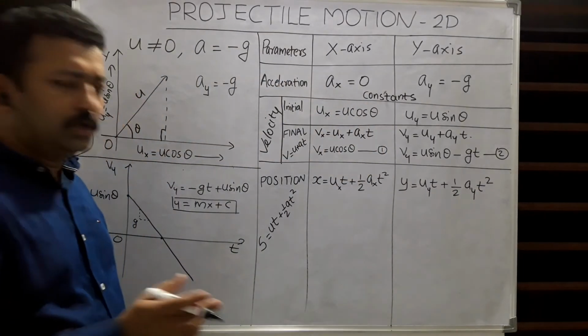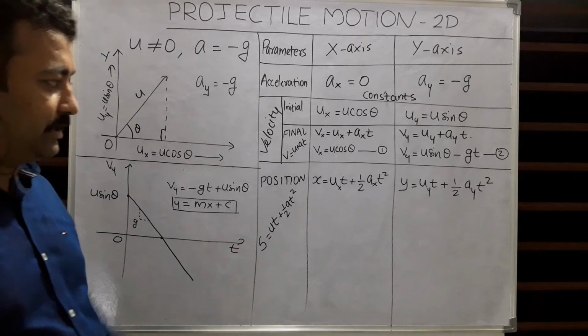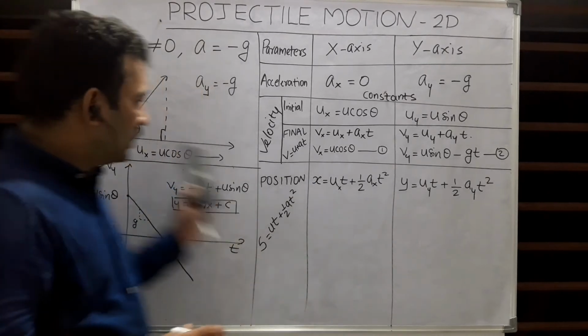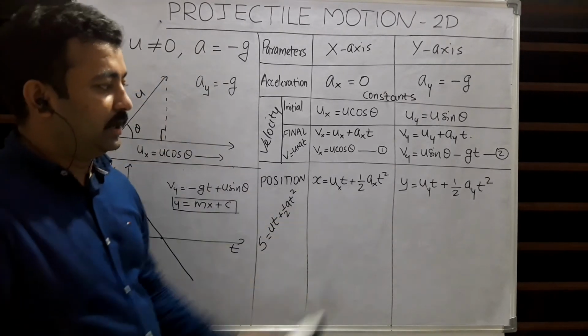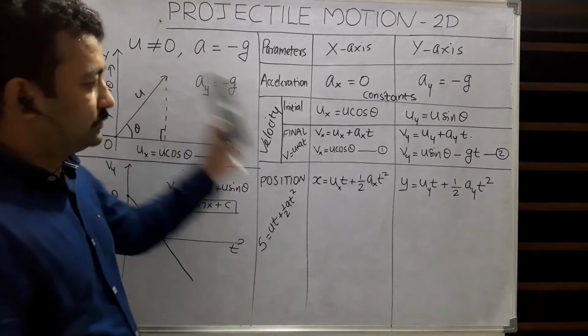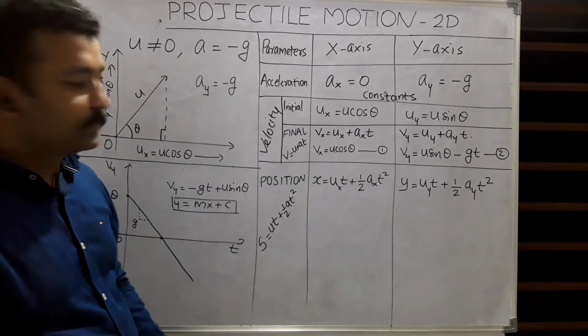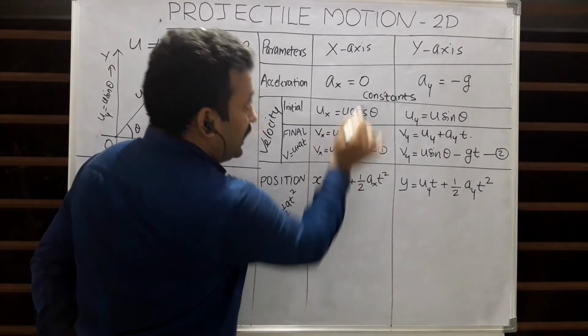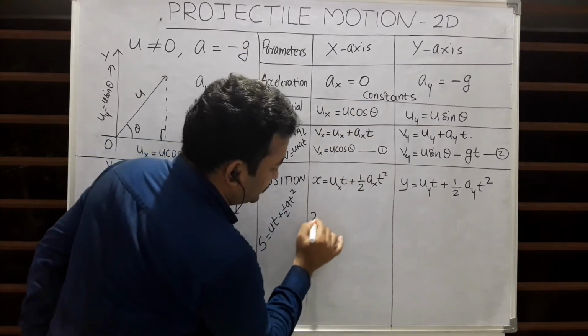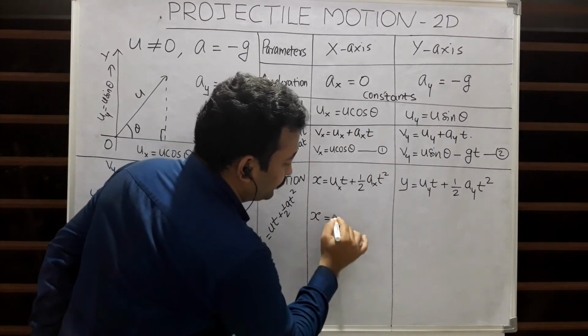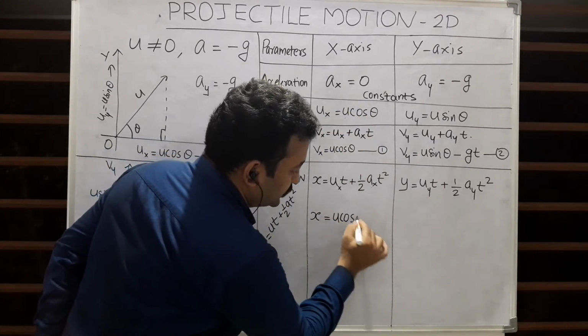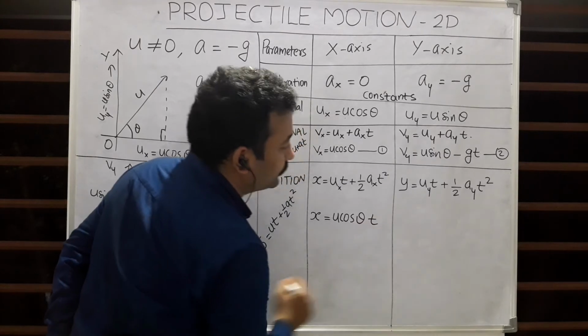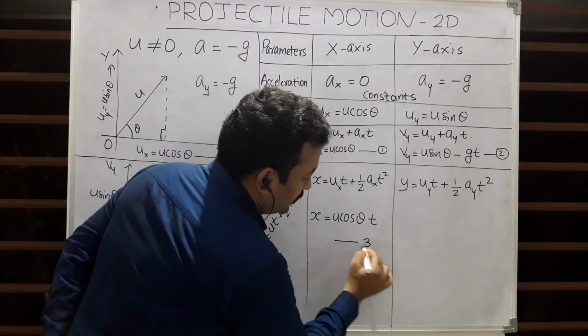By simply making use of the position-time relation, I will get the x component after some time t and the y component after some time t. So substituting, u_x is u cos theta, a_x is 0, so x is nothing but u cos theta into t. Let me call this one equation 3.